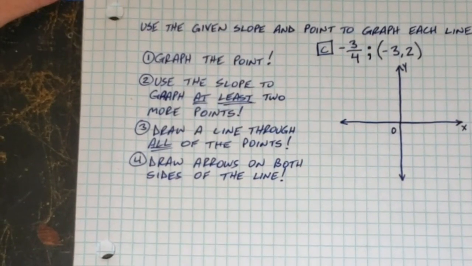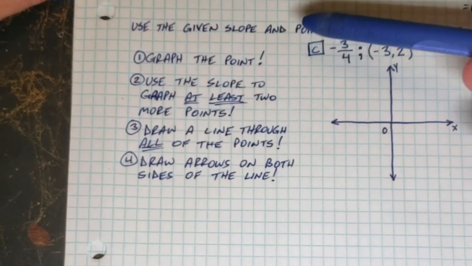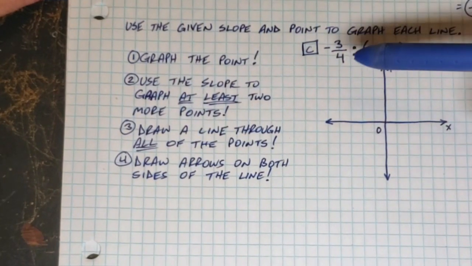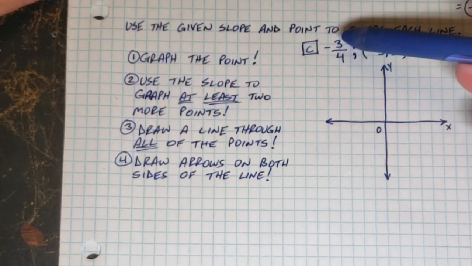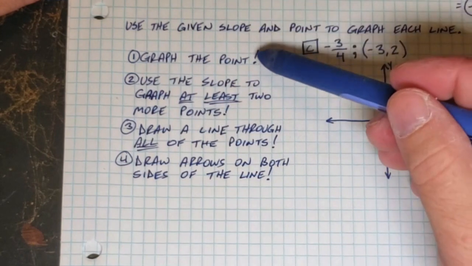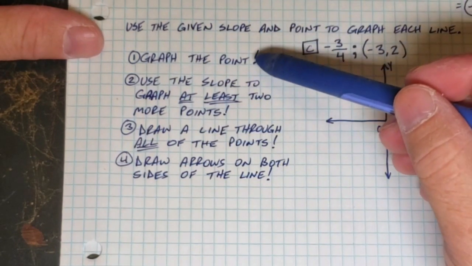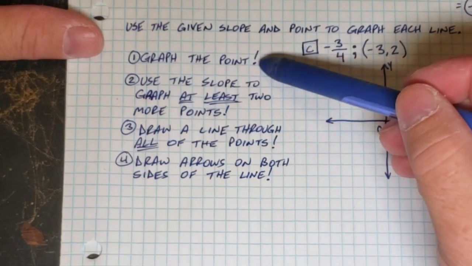So here is a problem that asks us to use the given slope and point to graph each line. So they've given us a slope, negative 3/4, and they've given us a point on the line, negative 3, 2. And then here were the 4 steps that we just talked about. The first thing we're going to do is graph the point that they gave us.